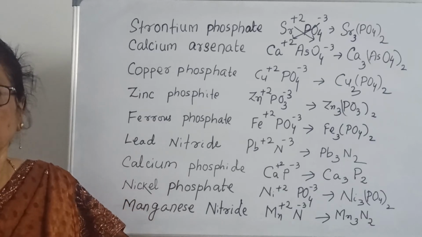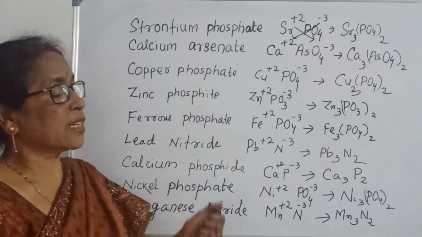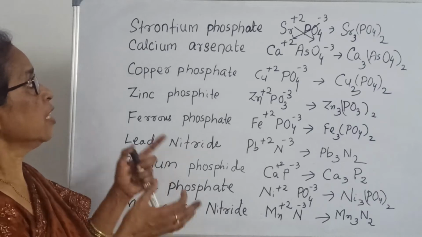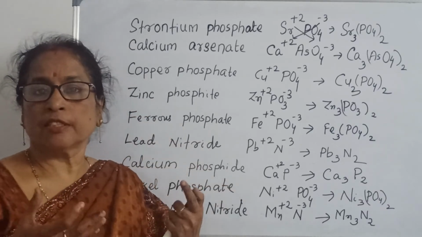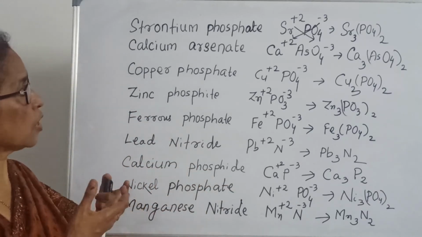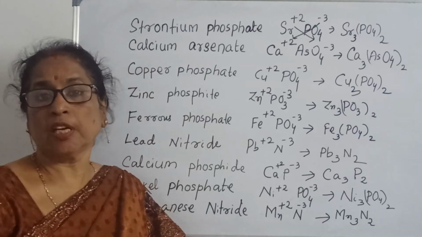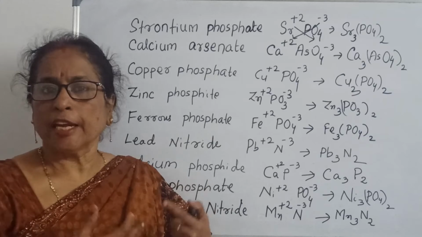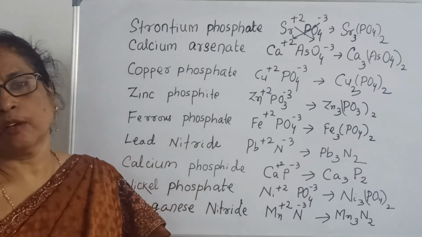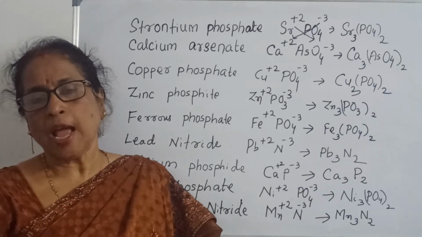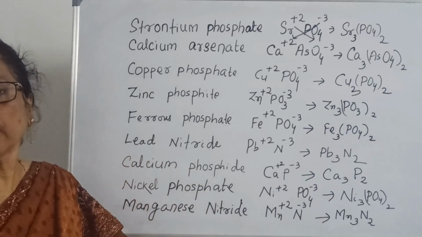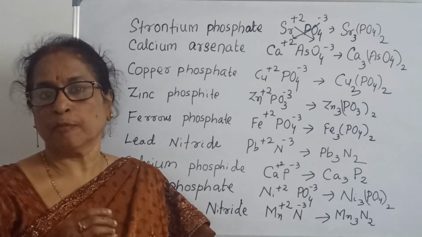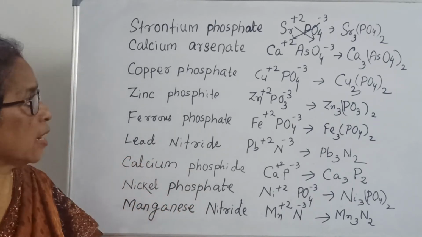When you know the charges of the metal cation and the anion, you can calculate the actual formula of the compound. Similarly, if any divalent cation is given to you and a trivalent anion, you should remember the formula of the trivalent anion.